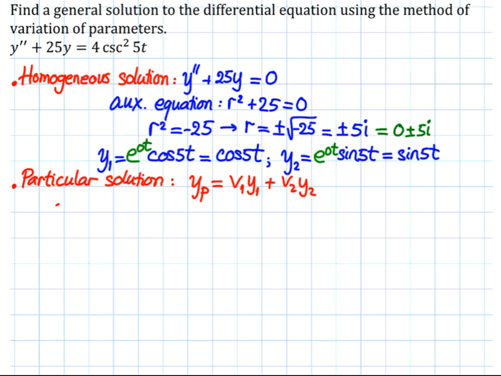This is going to be the system: y1 v1 prime plus y2 v2 prime equal to 0, and y1 prime v1 prime plus y2 prime v2 prime equal to the right-hand side.